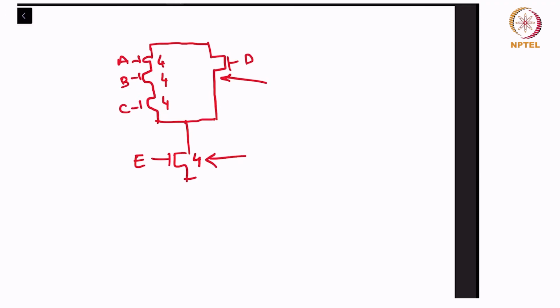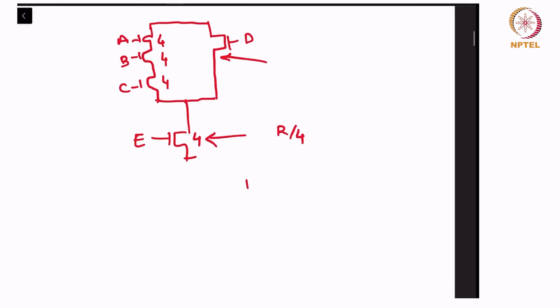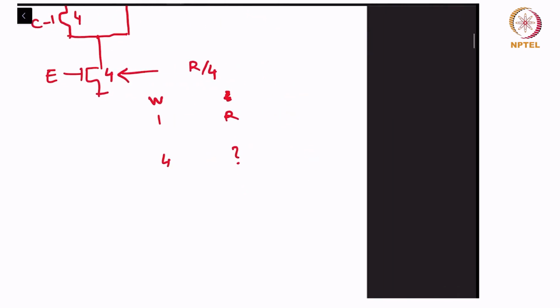If this is 4, what is its resistance? R by 4. Why? Because unit width corresponds to a resistance of R. So the question is, width 4 corresponds to what? Right? And we know that resistance is inversely proportional to width.